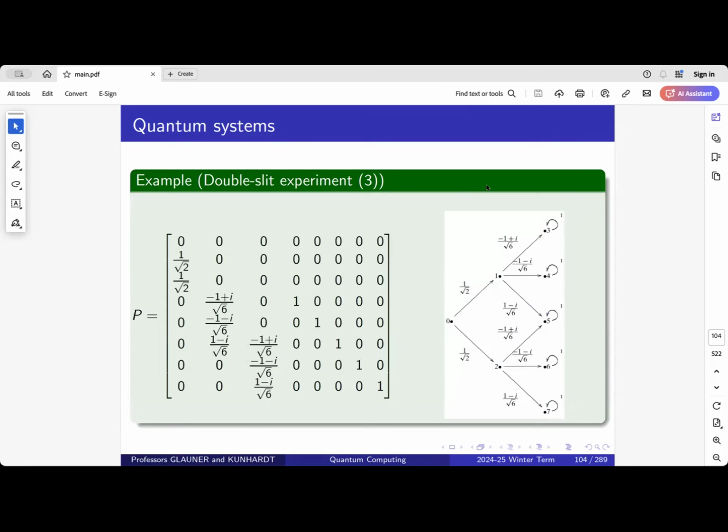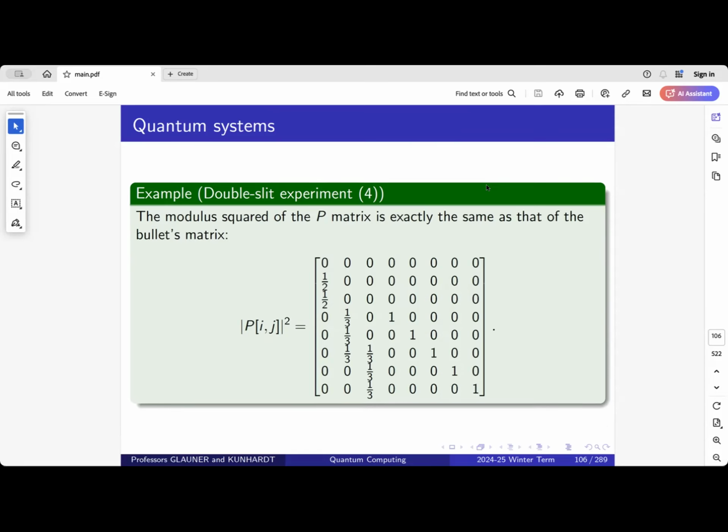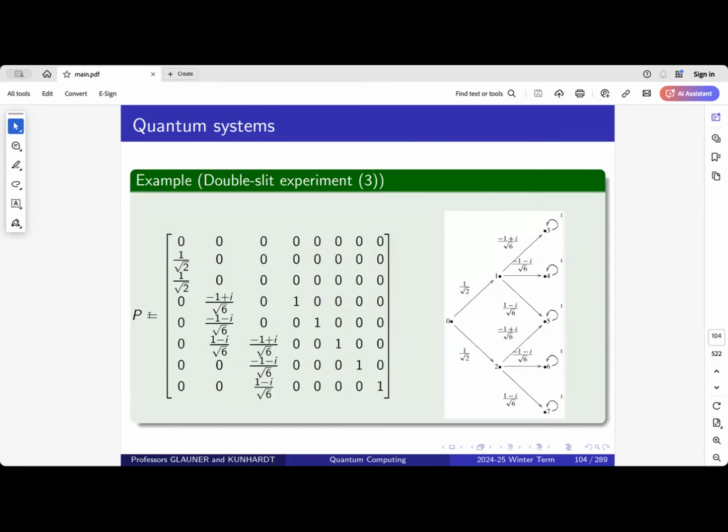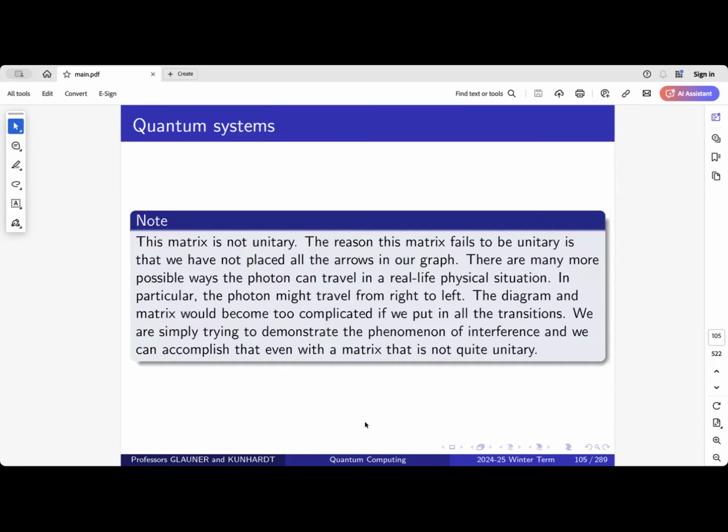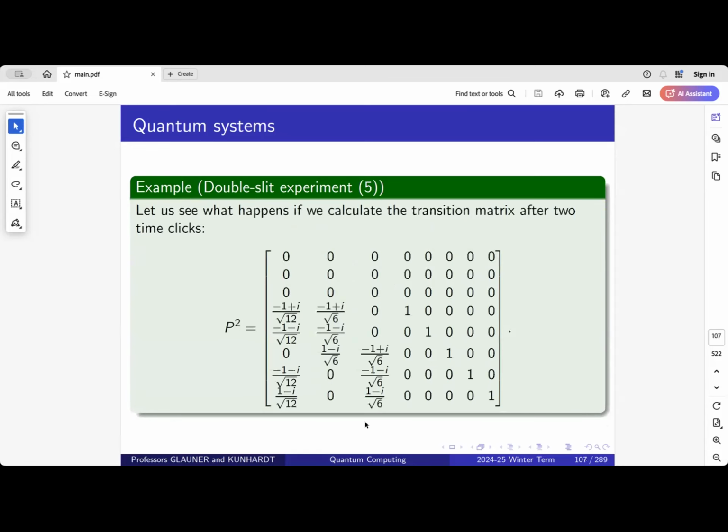But since this doesn't lead to a doubly stochastic matrix, that matrix is probably not correct. And you can check on your own, and you can wonder if this matrix here is unitary or not. Give it a try, and you'll see it's actually not unitary. It's a simplified matrix. But if we have this matrix and we multiply it with itself, we will see something.